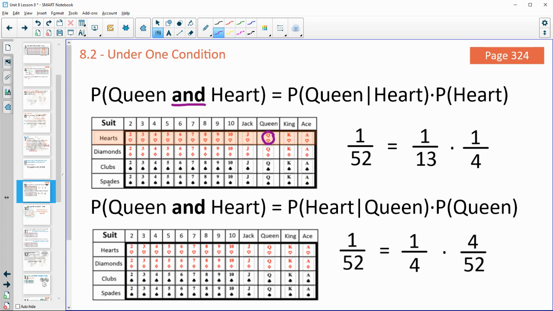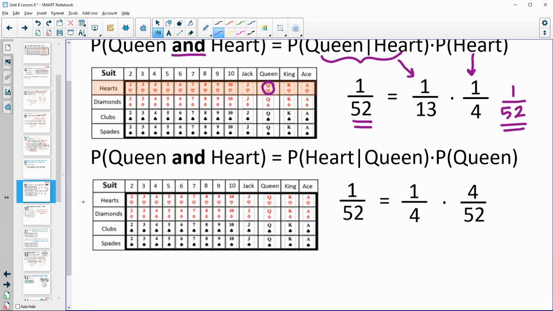Well, a heart is 1 out of the 4 suits, or 13 out of 52, which reduces to 1/4. So this is the probability of just a heart, and this is the probability of a queen given that we know it's a heart. If we multiply these out, multiplying fractions, tops times tops, so 1 times 1, bottoms times bottoms is 52. We see that we do get the same answer here. So whether you do it from your sample space or use this formula, we see that they're the same.